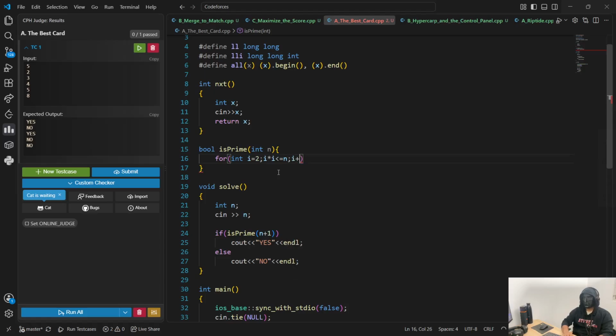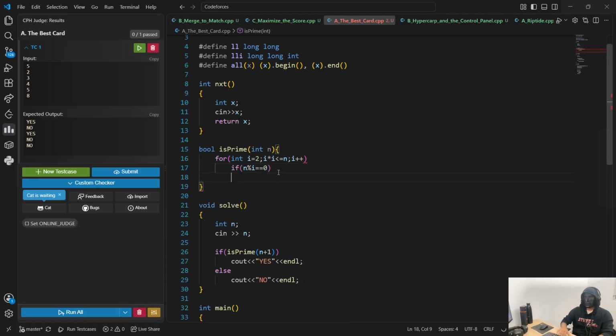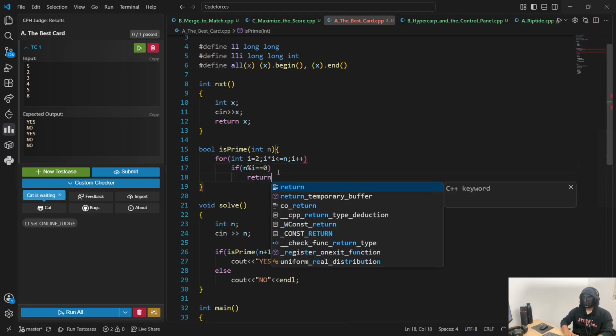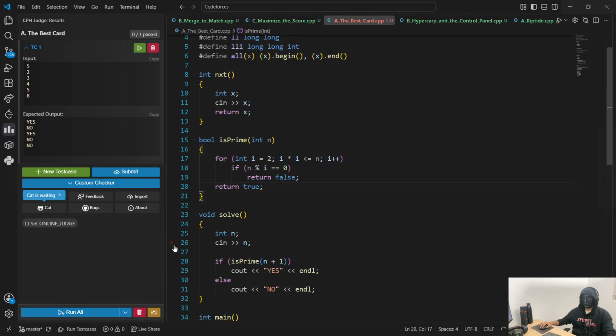I will have to check if n modulo i equals 0, which means i divides n. So in that case we need to return false, it is not a prime number. Else when we come out of the loop, no one divides, then we can say it's a prime number.